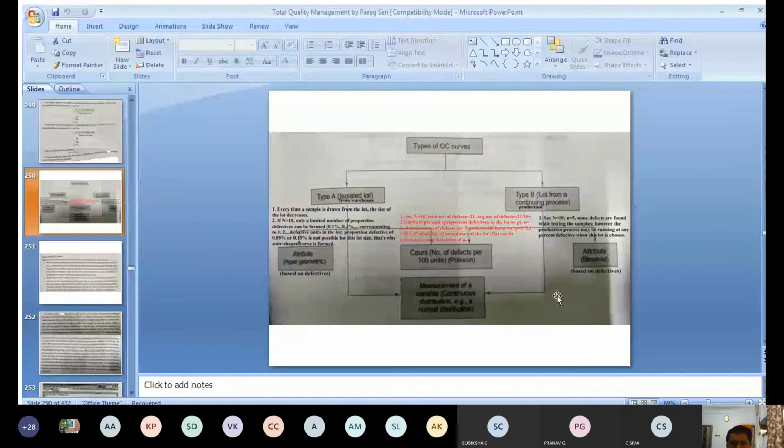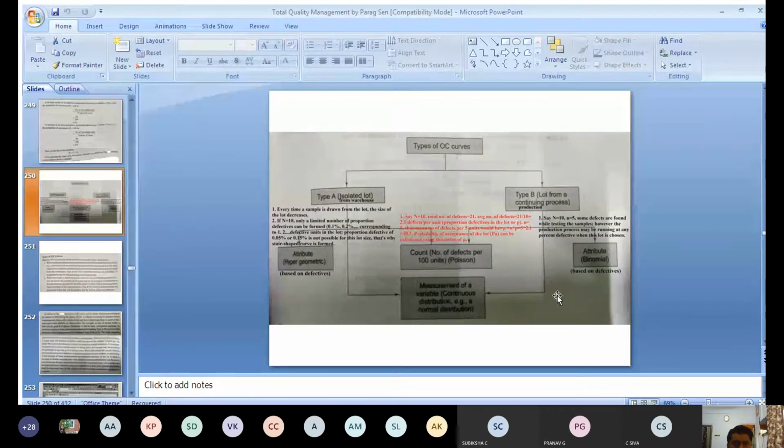Now the question is why we are discussing these three types of operating characteristics curve. The reason is that our basic objective is to find out the probability of acceptance from the proportion defective in the lot.